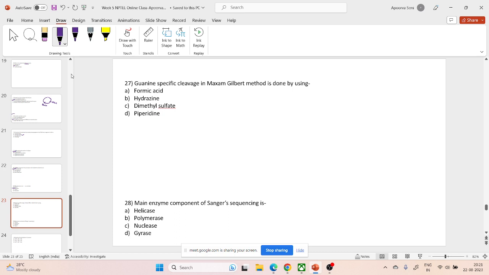Ma'am, C. Yes, the correct answer is C, DMSO. Main enzyme component of Sanger sequencing is? Polymerase. Yes, polymerase is the correct answer.